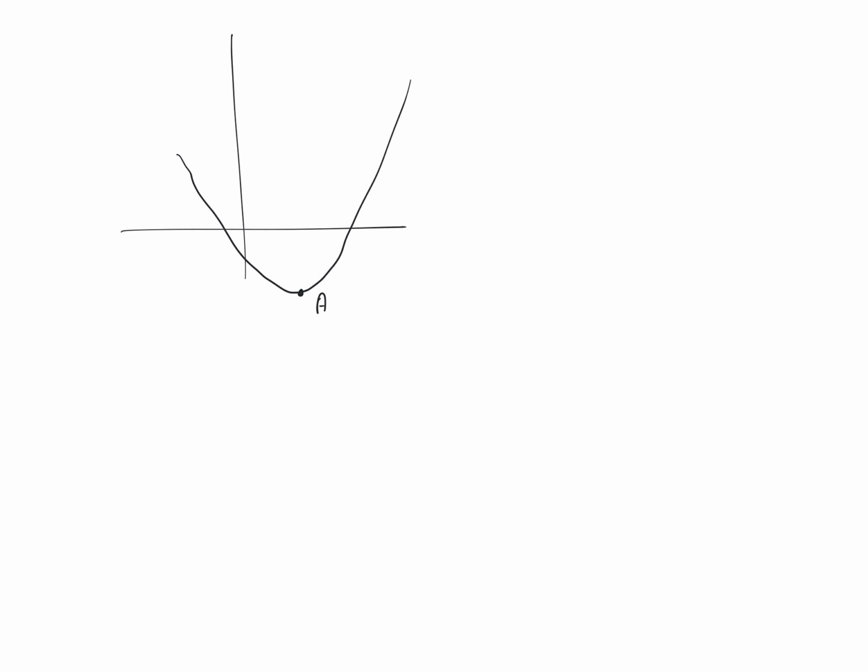So A is down here, origin is there, this is T, this is V, and we know that V is T squared minus 2T minus 8 for the interval -3 up to 5.